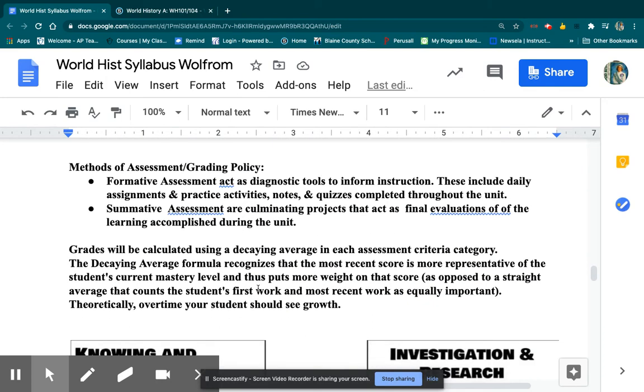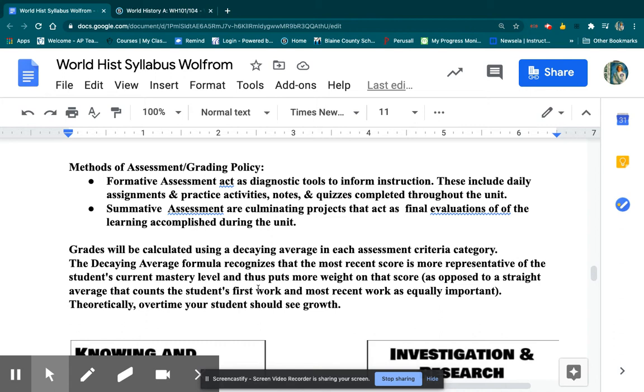So that means as we move forward, you're going to have lots and lots of practice, and formative assessments will act as diagnostic tools for me to give you feedback and to help inform my instruction.